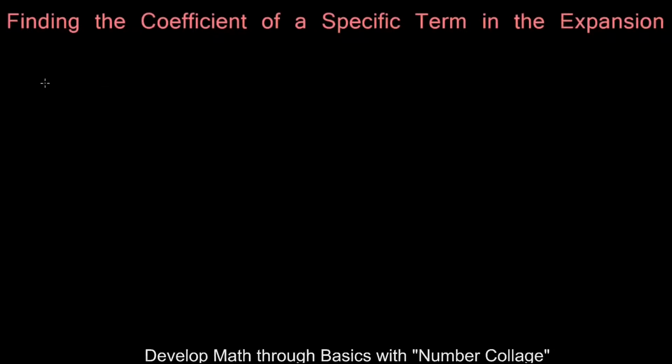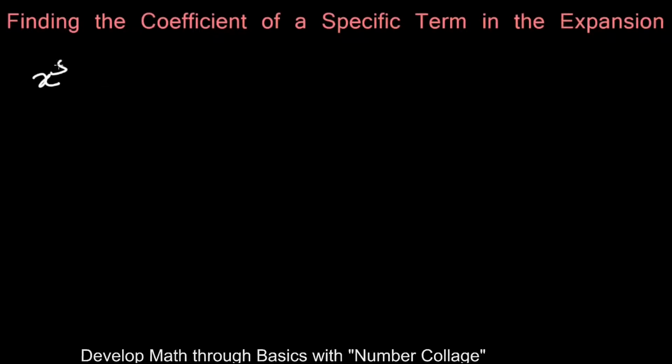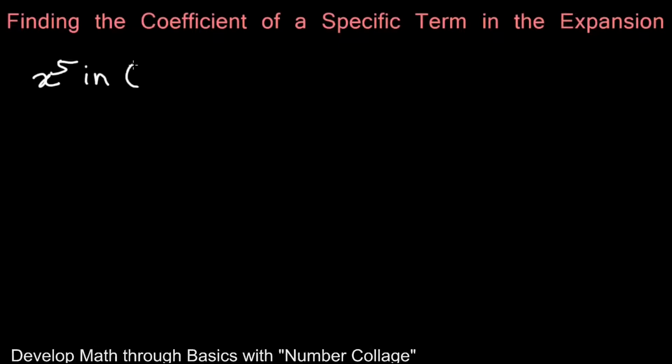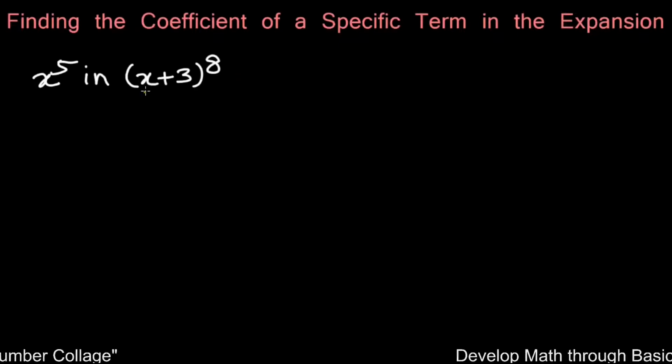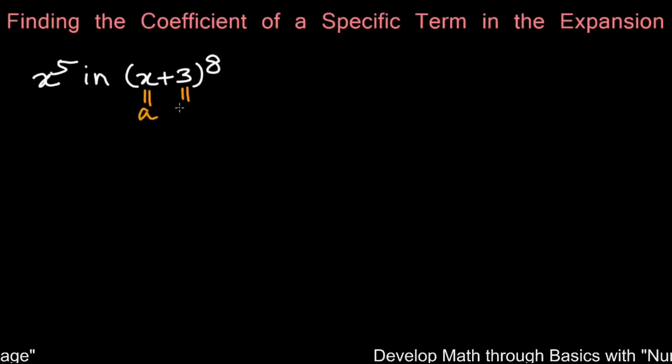Next, we will see how to find the coefficient of a specific term in the binomial expansion. We will see how to find the coefficient of x raised to 5 in the binomial expansion of x plus 3 raised to 8. Here x is a, 3 is b, and 8 is n.